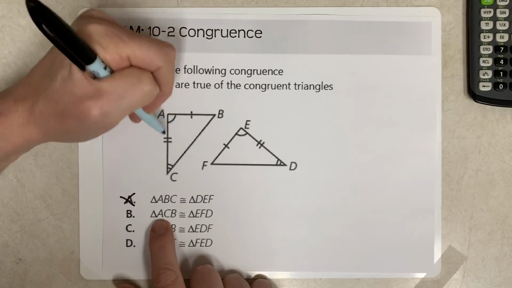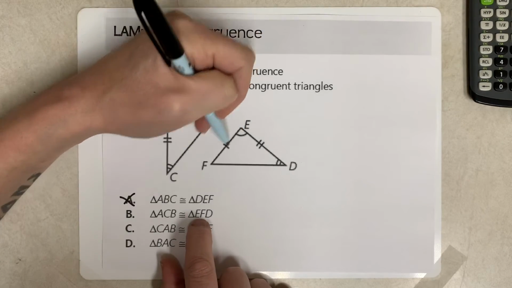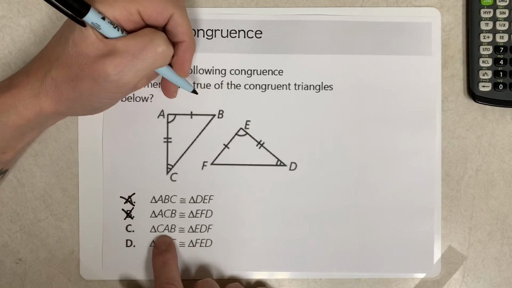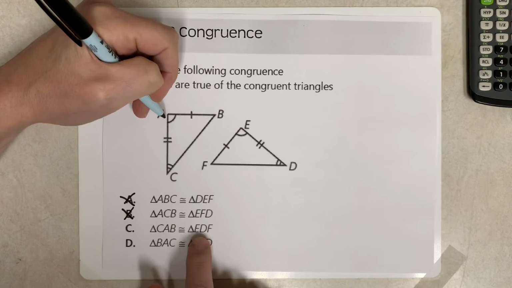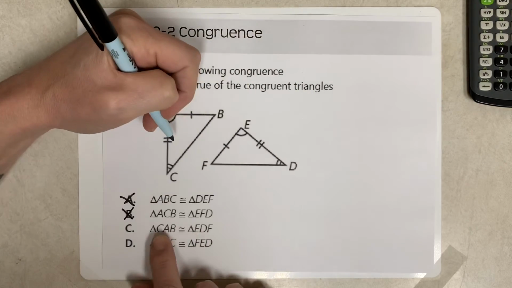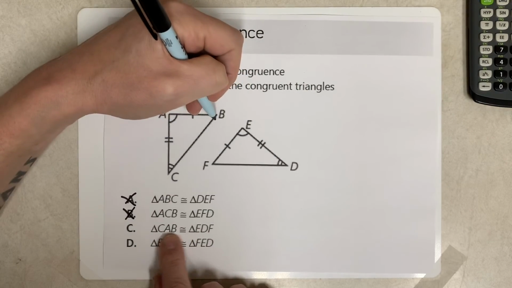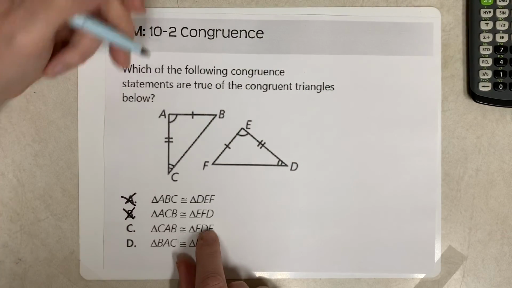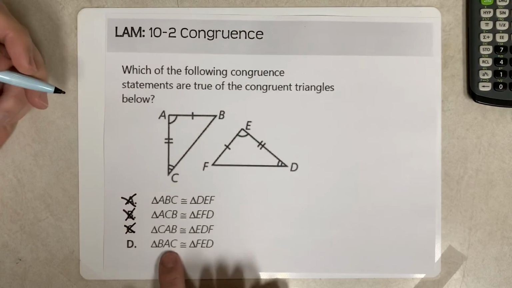Does AC match up with EF? That one has two marks. That one has one mark. Nope. Does CA match up with ED? CA, ED. Okay, those do have two. Okay, now let's do AB, one mark. DF, no marks. No.